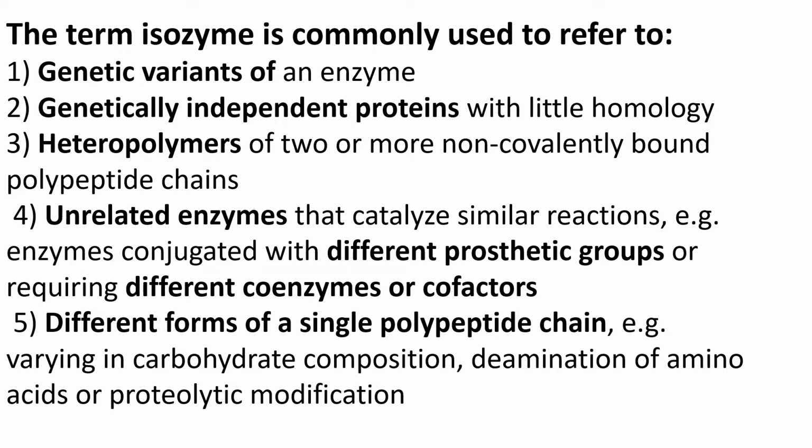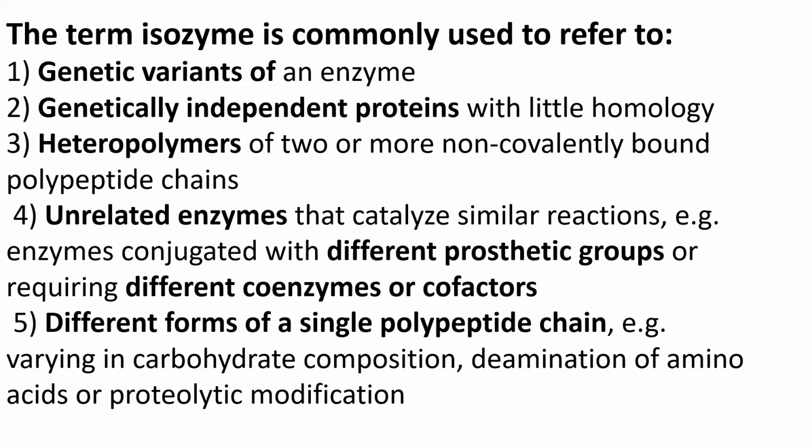Or we can say they are heteropolymers. Hetero means they are made up of different types of polypeptide chains. Polymers means they are present in a number more than two. So they are heteropolymers of two or more non-covalently bound polypeptide chains. If you recall, we just discussed oligomers. Oligomers are proteins which are made up of two or more polypeptide chains.